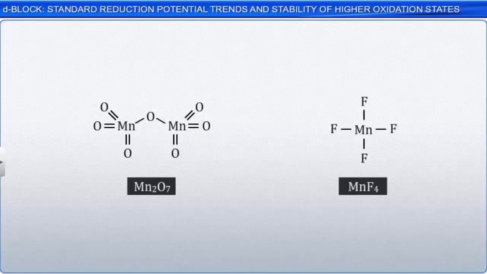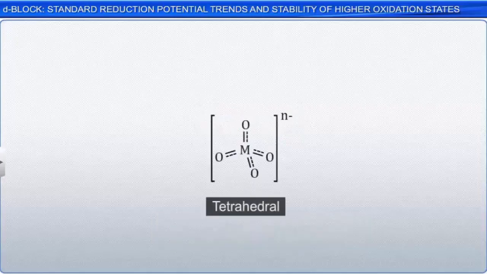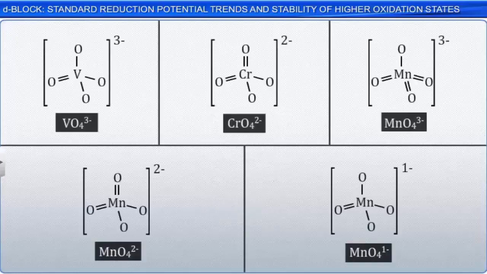In this compound, each manganese atom is surrounded by 3 doubly bonded oxygen atoms, including an Mn-O-Mn bridge. Similarly, oxygen also forms double bonds in the tetrahedral MO4^n- ions, known for vanadium(V), chromium(VI), manganese(V), manganese(VI) and manganese(VII) ions.